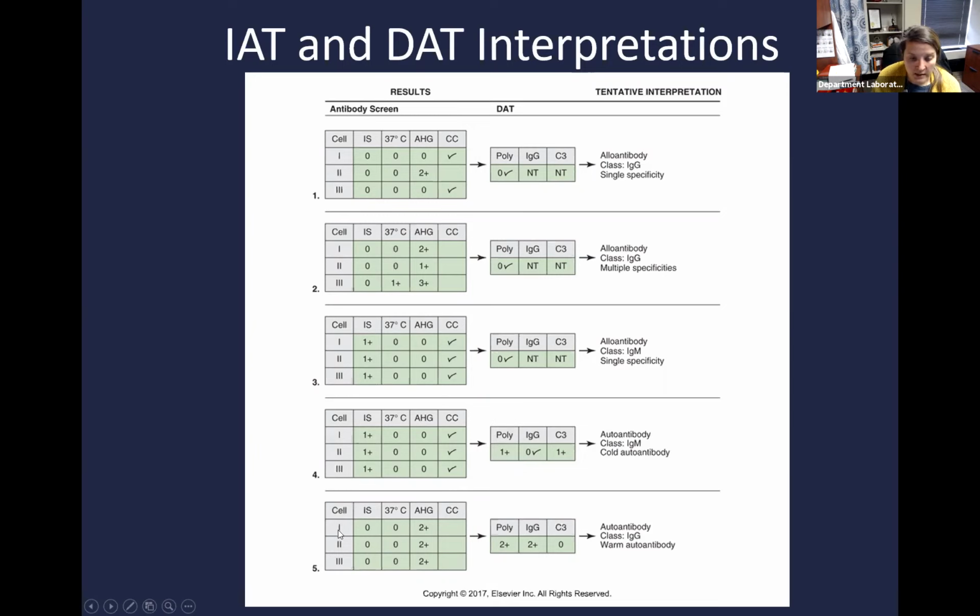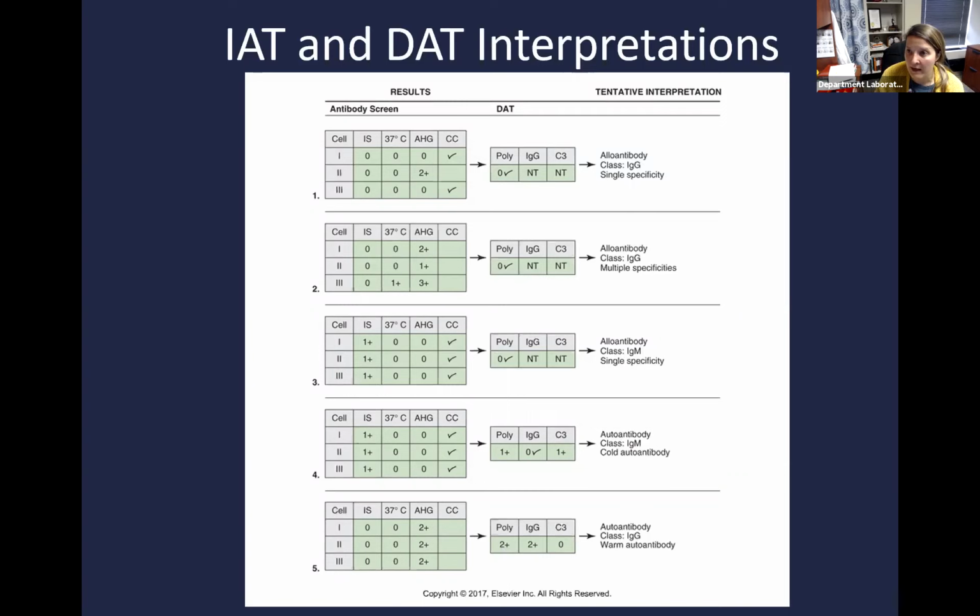And then in the next example, screening cells 1, 2, and 3 are all reactive at the AHG phase of testing. When we look at our DAT results, we do have a positive reaction with polyspecific, and then we have a 2+ reaction with monospecific IgG. So that does indicate the presence of an autoantibody because the DAT is positive.